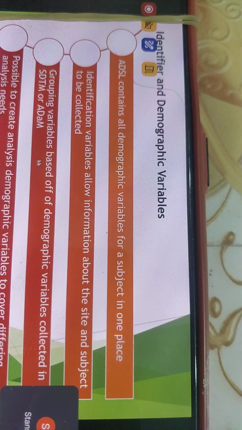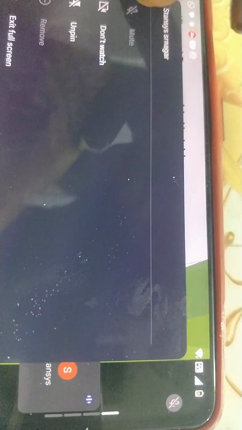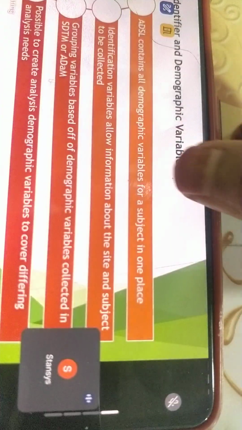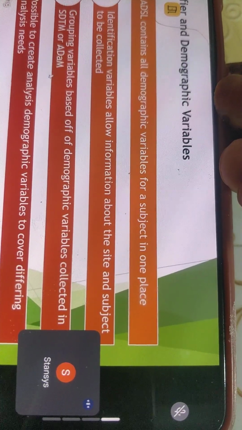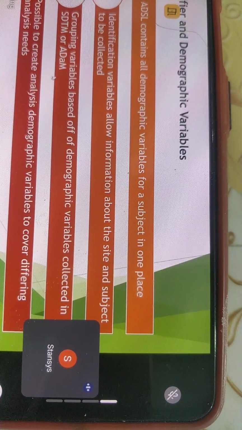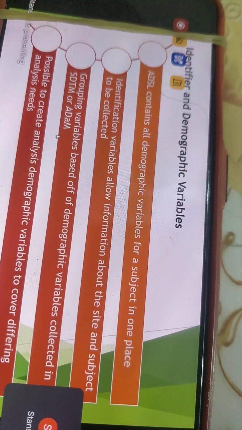The grouping variables are based on the demographic variables collected in SDTM and ADaM. At ADaM level, we might create groupings for your demographics. For example, some TLFs are based on age group. Say in your study the age limitation is 18 to 60, one of the inclusion criteria.